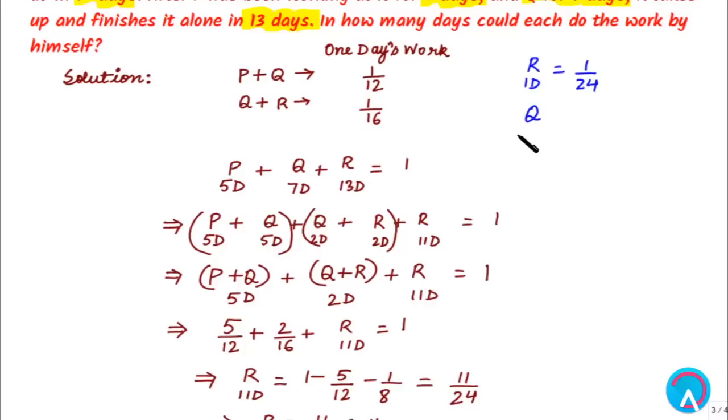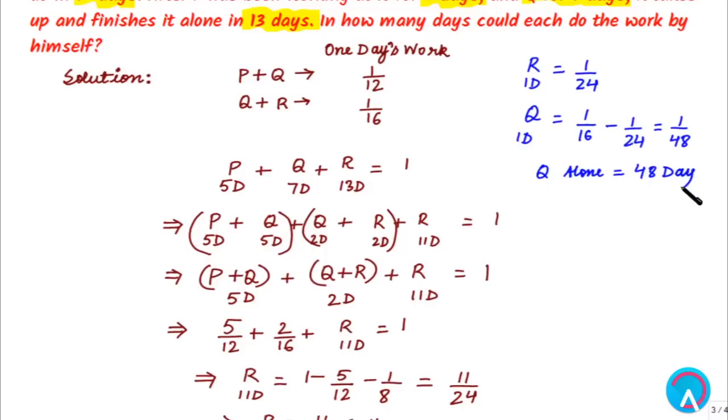So Q's 1 day work will be 1 by 16 minus 1 by 24. Calculated, this comes as 1 by 48. So in 1 day, Q can finish 1 by 48th of the work. So Q alone will take 48 days to finish the work.